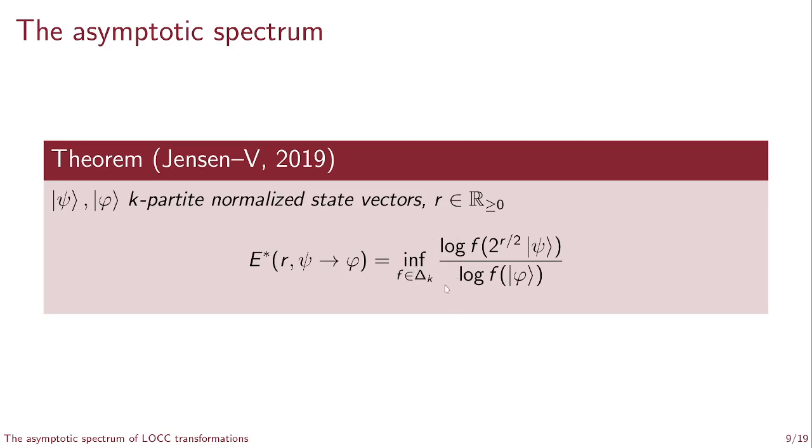So in other words, these are the only kinds of upper bounds that one ever needs to consider if one is to find the optimal rate given a certain error exponent. So these functions form what is called the asymptotic spectrum of LOCC transformations.